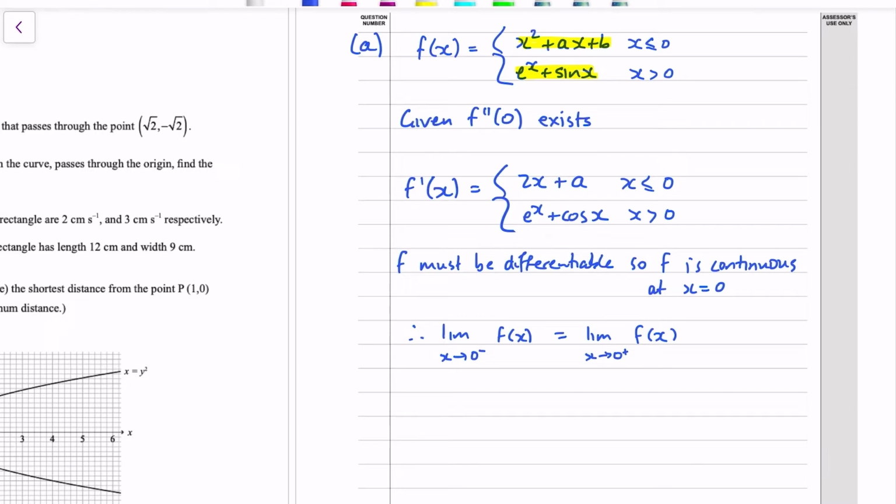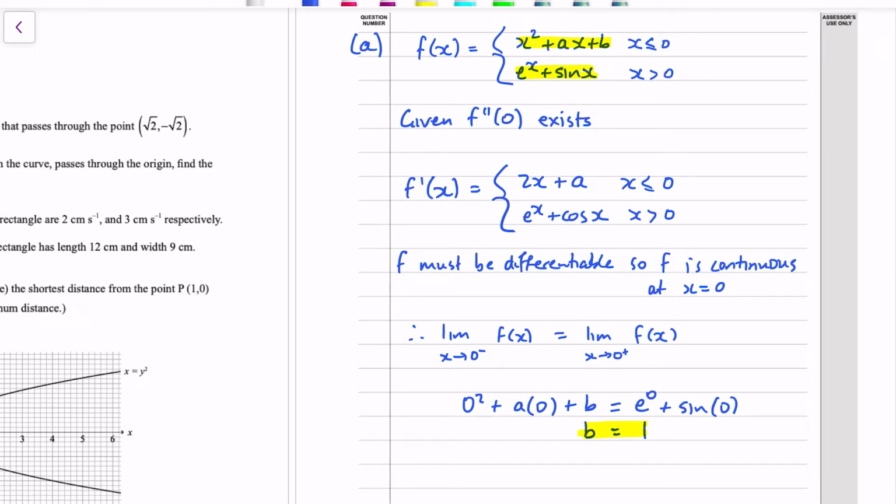So 0 squared plus a times 0 plus b must equal e to the 0 plus sine of 0. Okay, 0 squared is 0, a times 0 is 0, so we get b equals e to the 0 is 1, sine of 0 is 0. So b must equal 1 if the function is to be continuous.